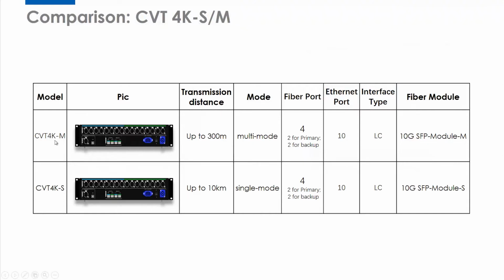The CVT4K-M's transmission distance is up to 300 meters, and the CVT4K-S's transmission distance is up to 10 kilometers. This one is multi-mode, and this one is single mode. The quantity of fiber ports and Ethernet ports is the same. And here is a model for your reference.